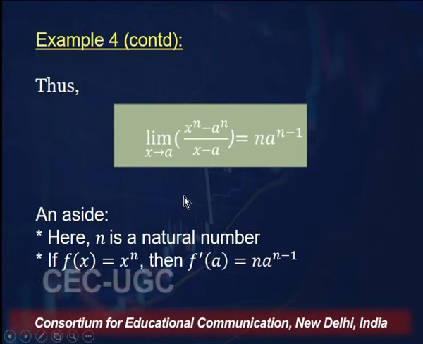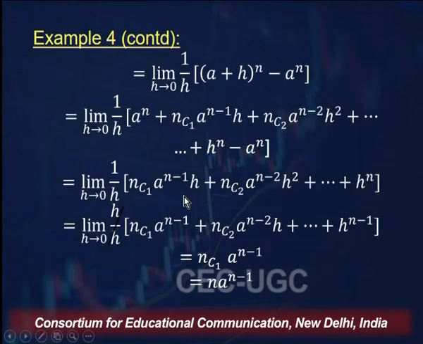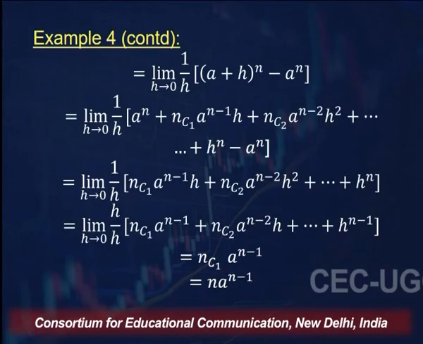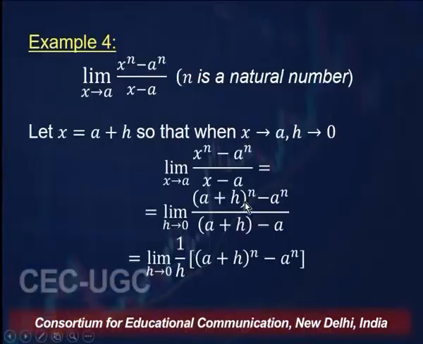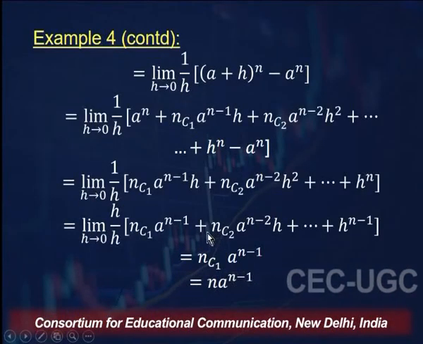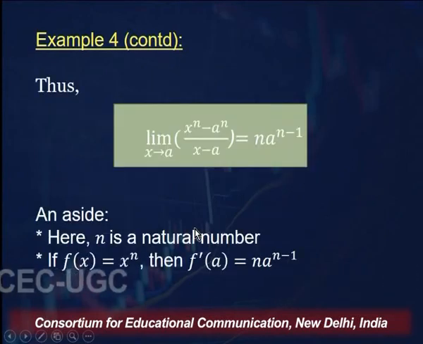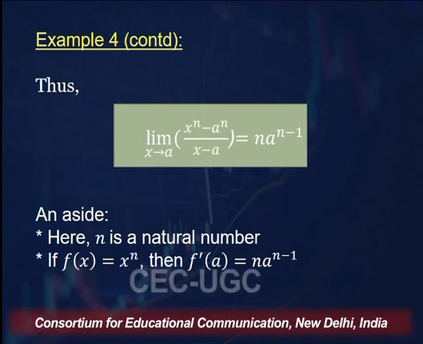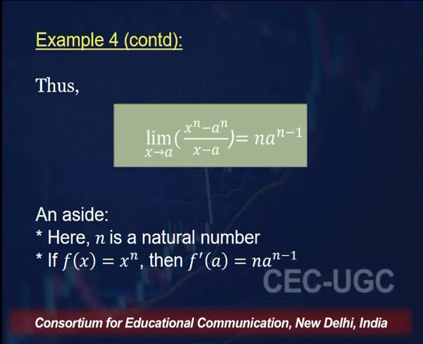On your own, you could also apply this result to the case where n is a negative integer, because you could take a plus h to the power minus n and use the binomial formula accordingly, and you will get the result. But for n being any real number, we'll talk about that when we actually do calculus, and we'll set up the result.